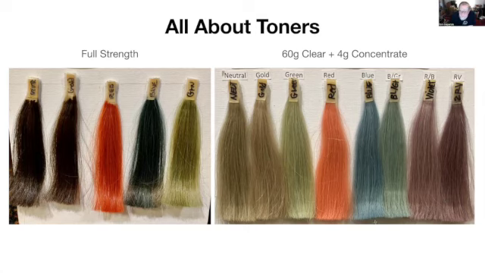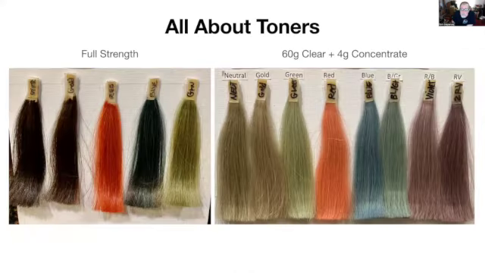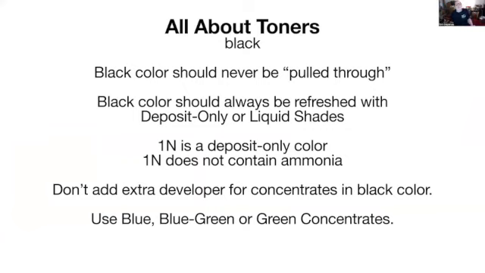Okay, let me back up to what I said. Why? Oh, this way. Here, black color. First of all, chromatics 1N, whether it's liquid 1N or permanent 1N, does not contain ammonia.